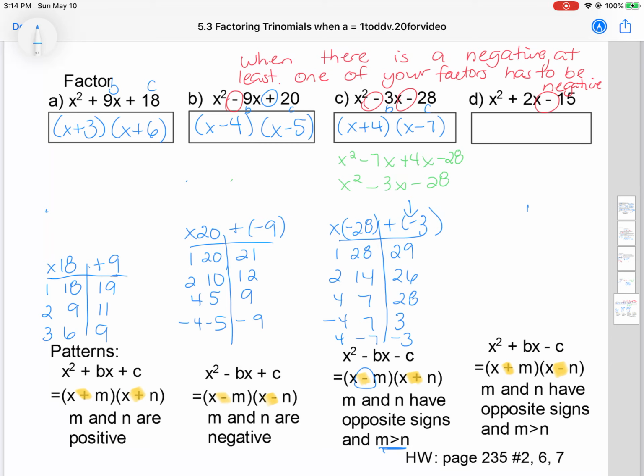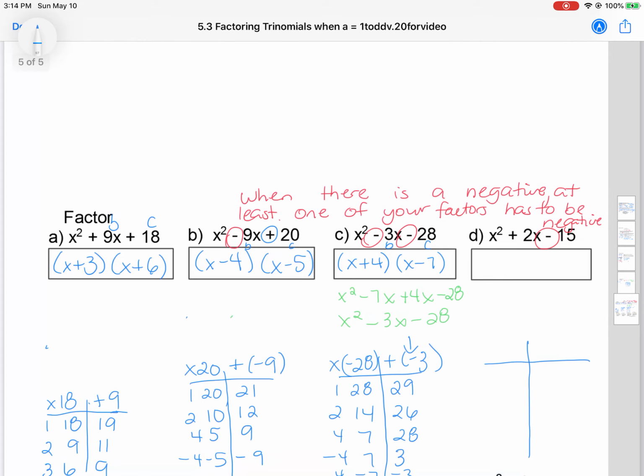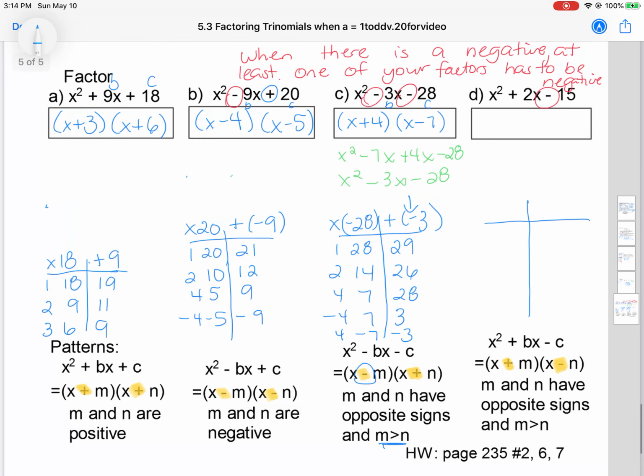Okay, so, but this time when we are adding, it's going to be positive 2 and multiply to negative 15.